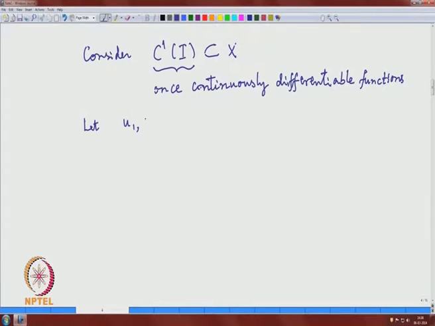So, let U1, U2 belong to C1(I) and a1 U1 plus a2 U2 equal to 0. So, I would like to see under this condition, imposing some conditions on U1, U2 if necessary, when does it follow that a1 equal to a2 equal to 0, that means U1 and U2 are linearly independent.